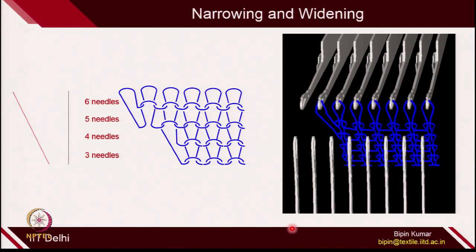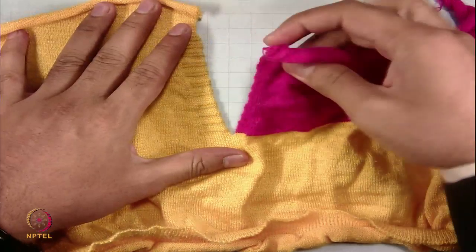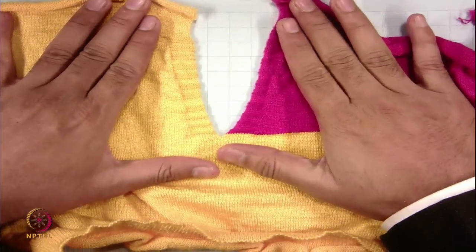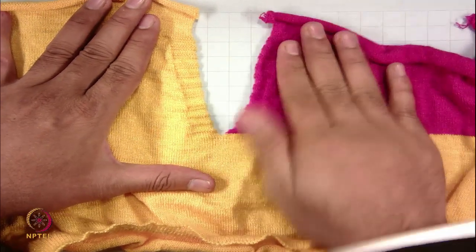When you create the collar, you might have seen on the t-shirt there is a collar design. In the collar design, you first create the fabric and then you split it into two sections.